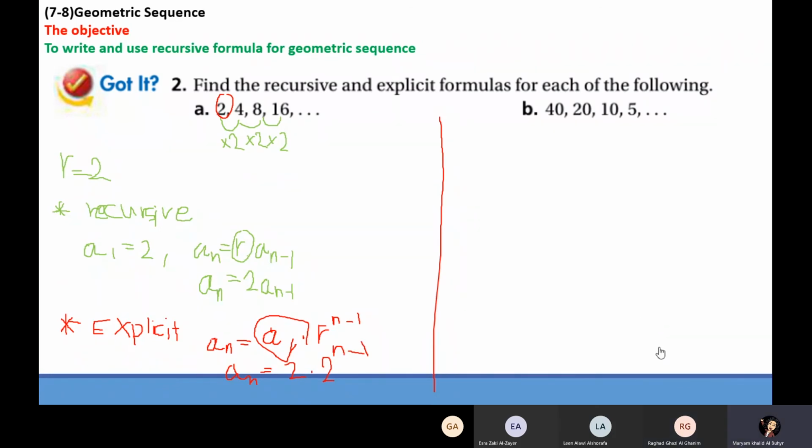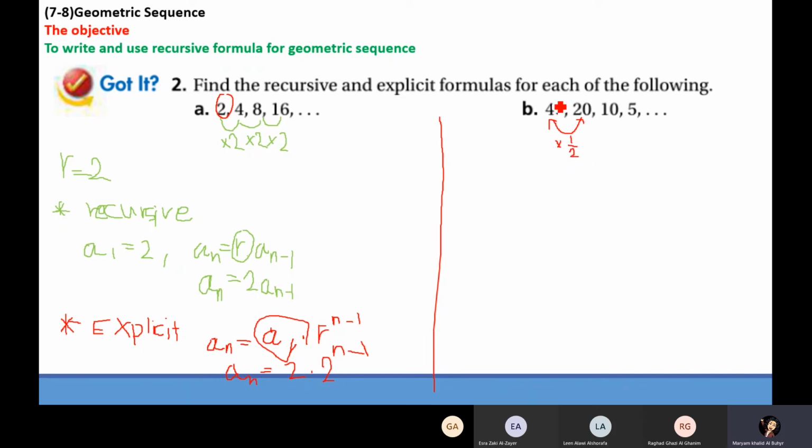The same thing. Is there any question? Any problem? No, thank you. Okay. So for this one, I'm going to divide by 2. I can say this is multiplying by 1/2, exactly the same thing.